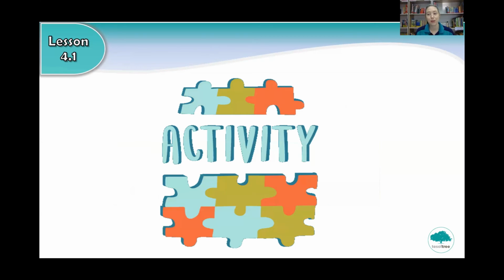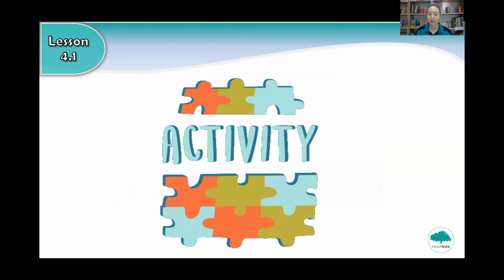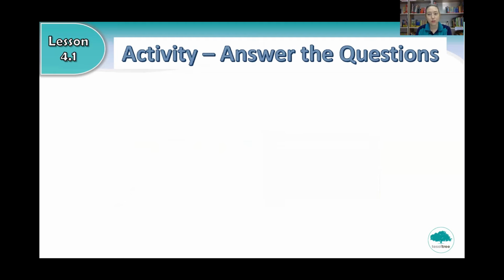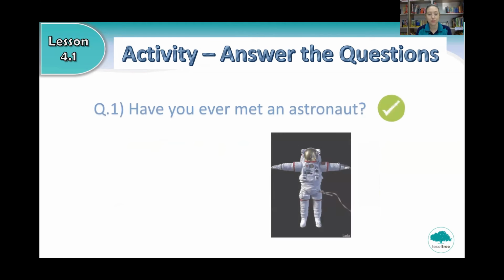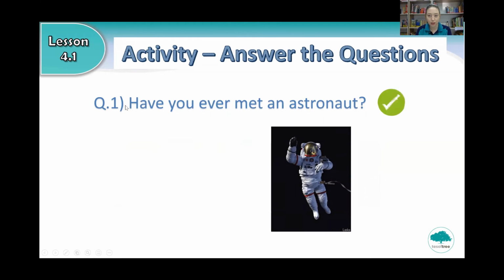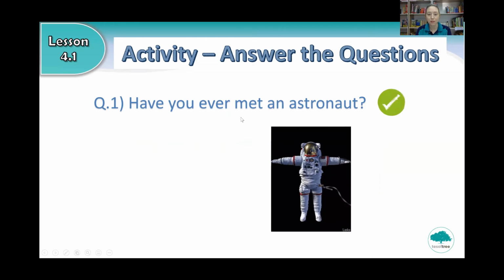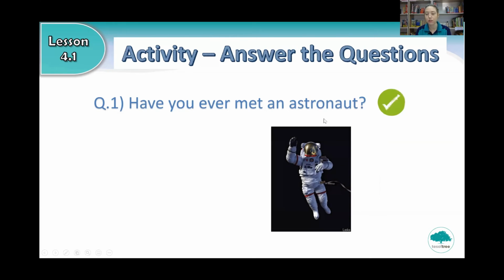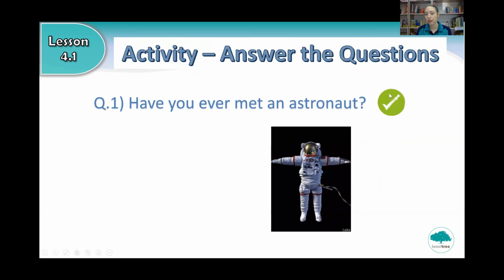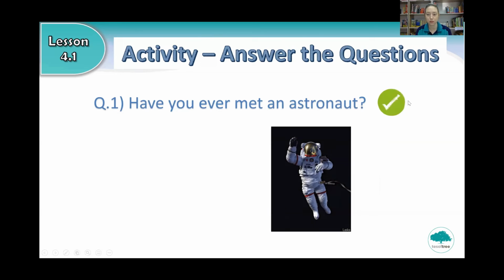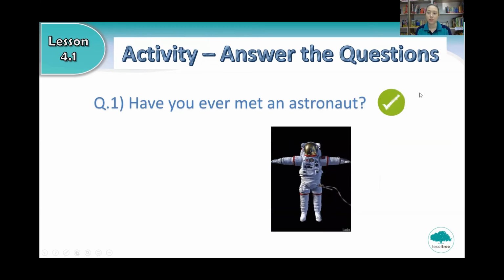Okay, it's time for an activity. Let's get started. So you need to answer the questions. Question 1. Have you ever met an astronaut? So this one, the answer will be yes, because there's a tick.